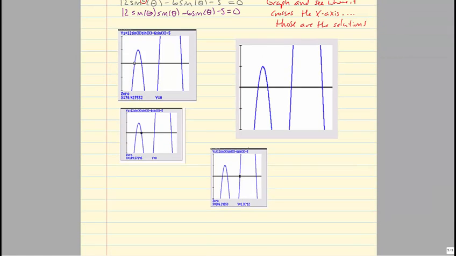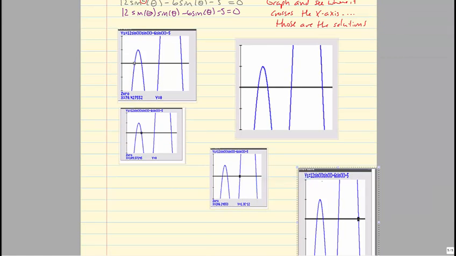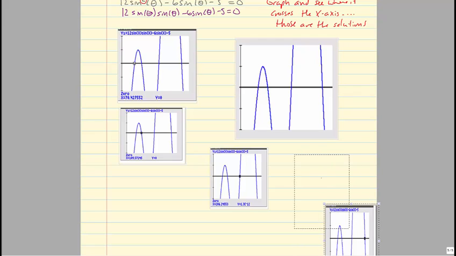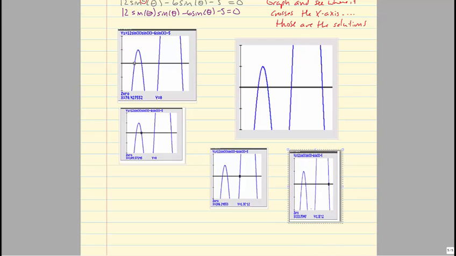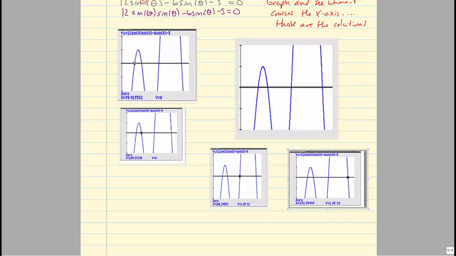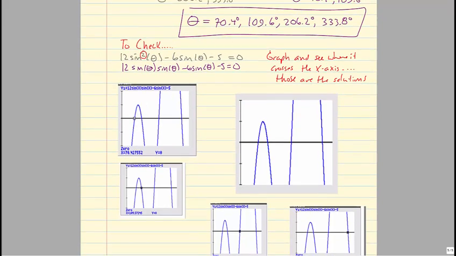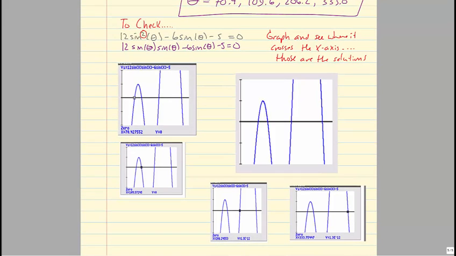So let's see how these compare with what we did for our handwork. Okay, so for our handwork, we had 70.4, which matches right here. So this is that 70.4.